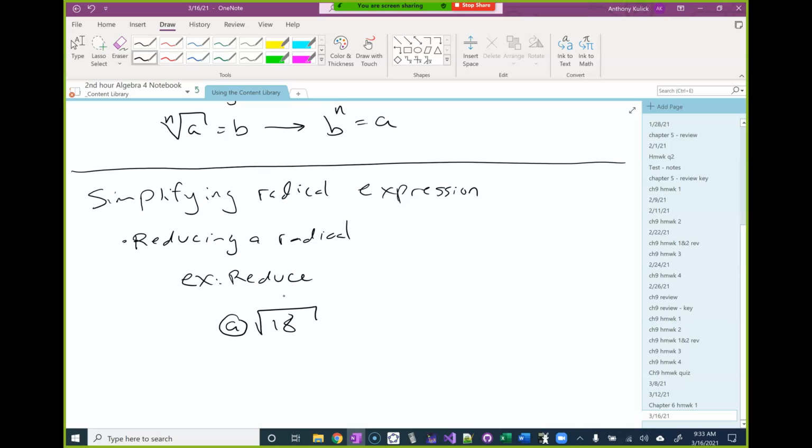How about 9, right? Everybody's okay there? And now the advantage here is that when I've written these as a product, I can say the square root of 18 is the square root of 9 times the square root of 2. And the square root of 9 is just 3.